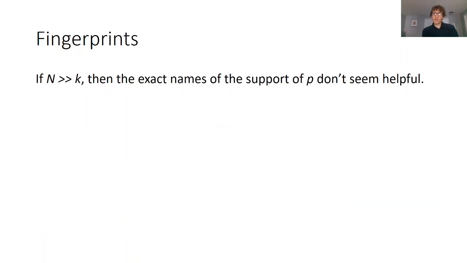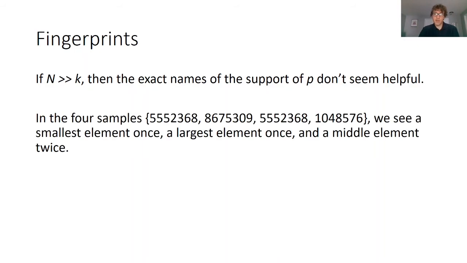So what kind of algorithms do we need to consider? One thing we can notice is that if n is much larger than k, then the exact names in the support of P don't actually seem all that helpful. If there are only a few elements, say 100 or so, in the support, and we see these 4 samples here, and we see something twice, which suggests it might have larger probability mass than many of the other elements, well, we don't know what the names of the other elements are.